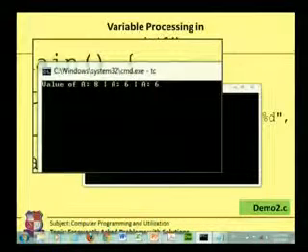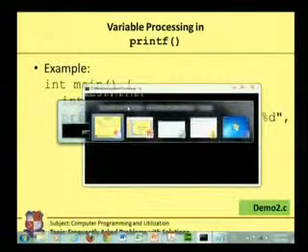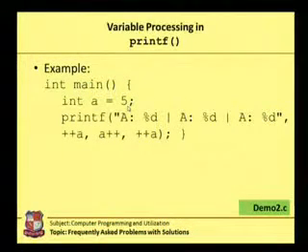Your concept is not wrong, but the only line to be mentioned here is that printf starts processing variables from last and starts assigning values from first. You should remember this: it starts processing your values from last.